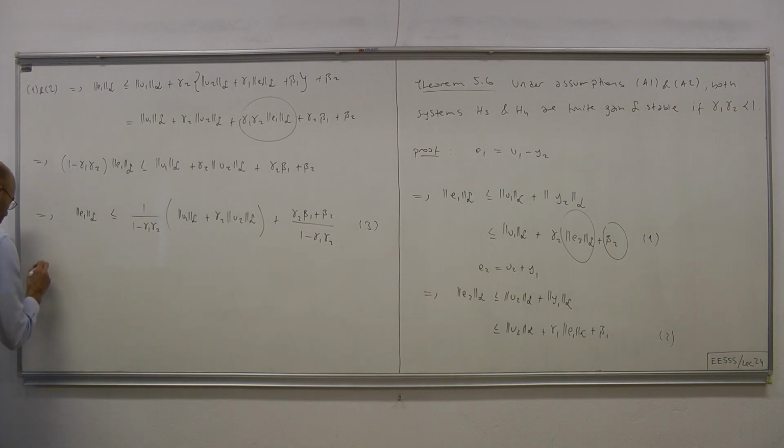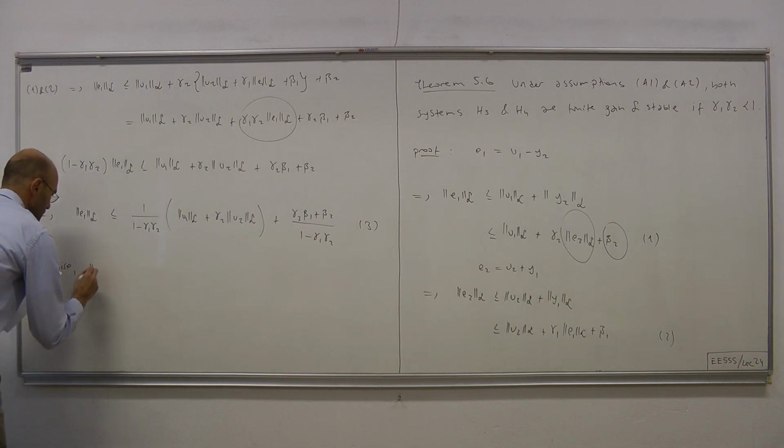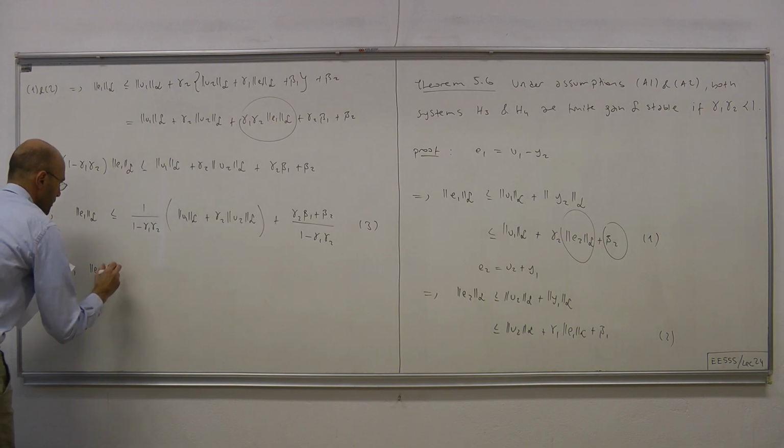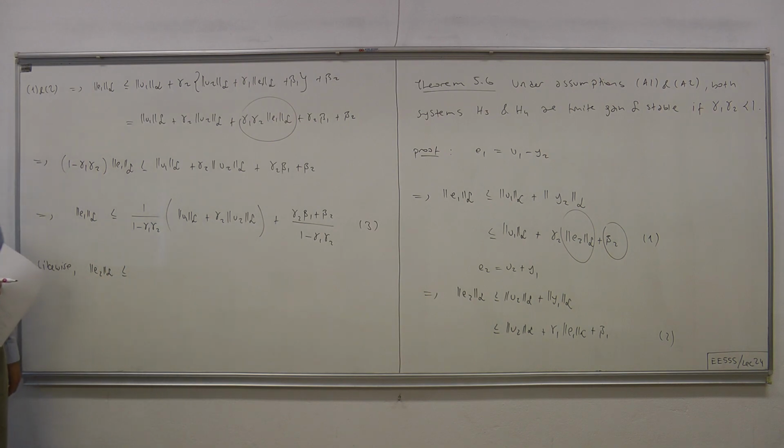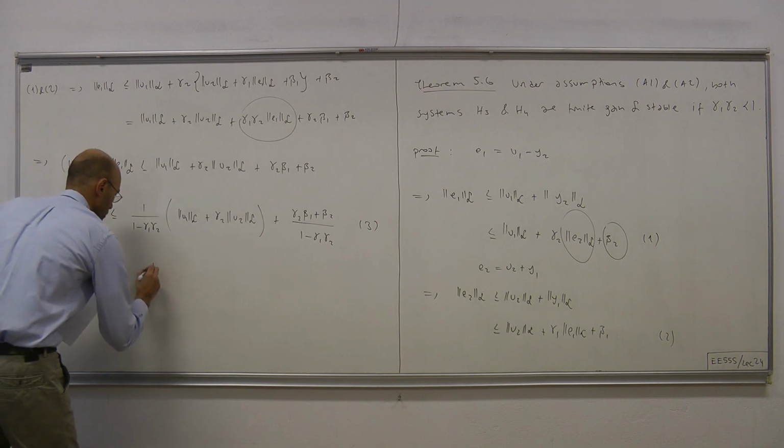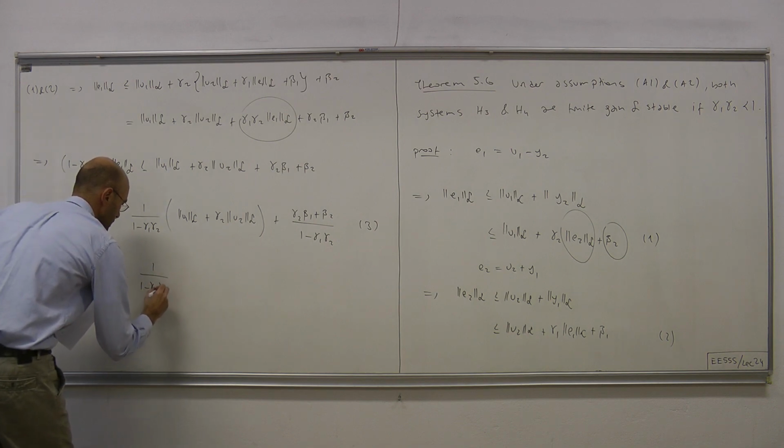We can do the same thing, or a similar thing, for the other output, that is E2. And we can write, due to symmetry, 1 minus gamma 1 gamma 2.